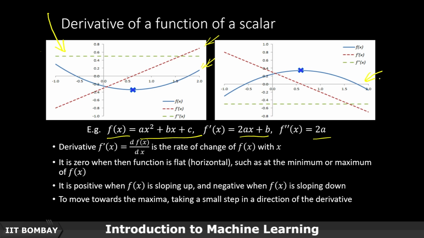If I want to find the minima or the maxima, then basically I will equate the derivative to 0, which is where this red line is crossing the x axis. So you can see from the red line basically whether you need to take a step in the right direction or in the left direction for gradient descent or gradient ascent.